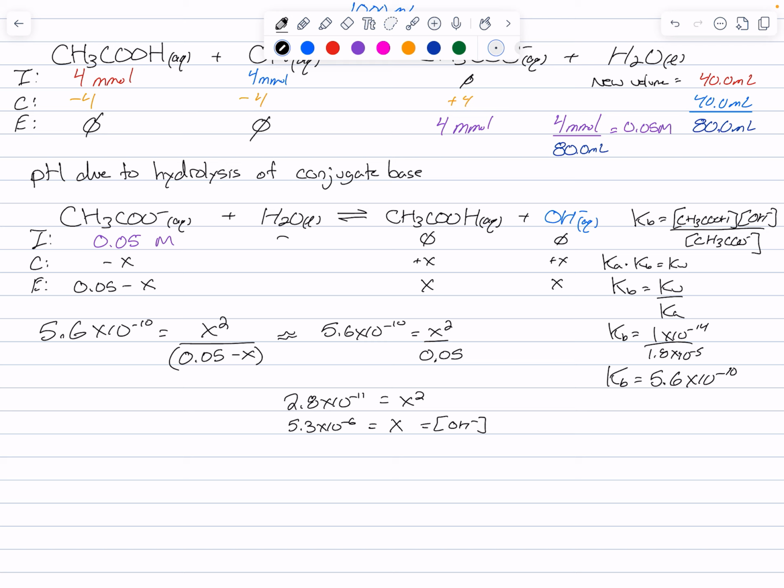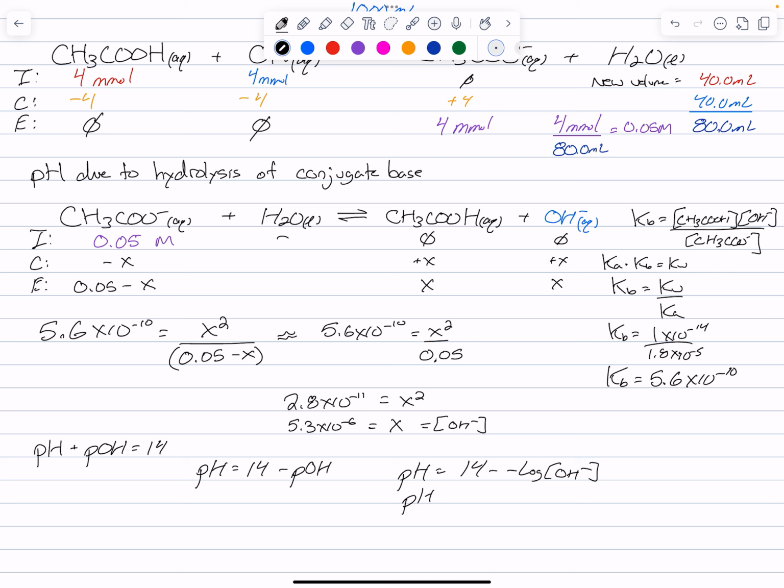Now we know that pH plus pOH is 14. So the pH would be 14 minus the pOH. So the pH is 14 minus negative log of hydroxide.